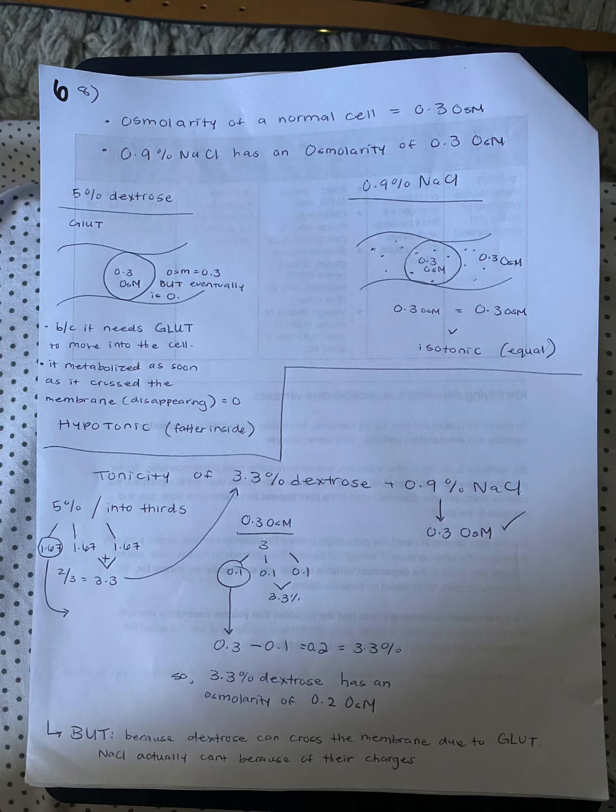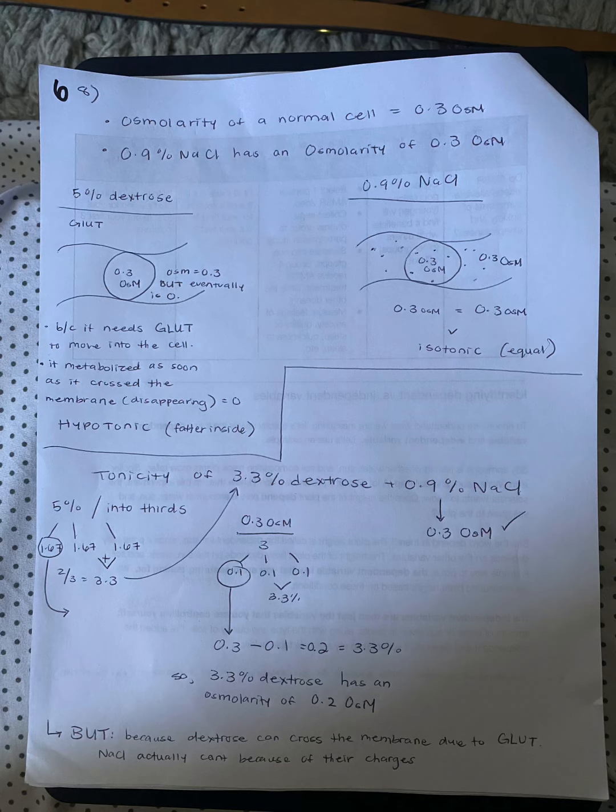If you add 2 of those parts together, it equals 3.3, which is the amount of dextrose we need. So 3.3% dextrose is 2/3 of 5% dextrose, and the last third of the 5% dextrose is the variable that we need to find.